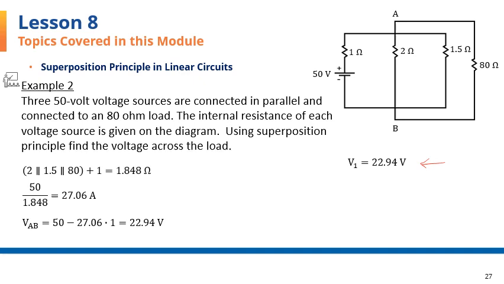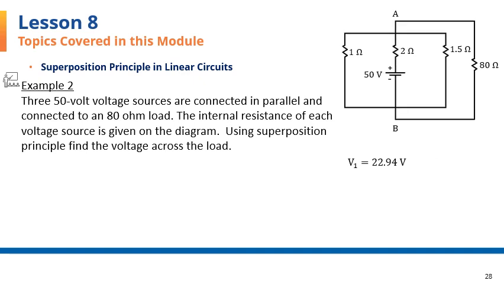We will now work with the circuit that has only the middle source active, and that's this one. Again, looking for the equivalent resistance that's seen by the 50 volt source here, we'll see that these resistors, the 1, the 1.5, and the 80 ohms are in parallel, and then their equivalent is in series with the 2 ohm.